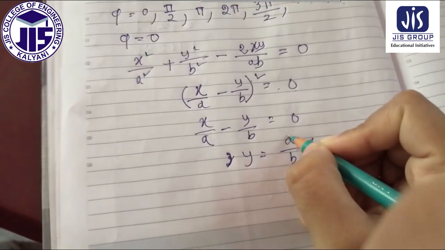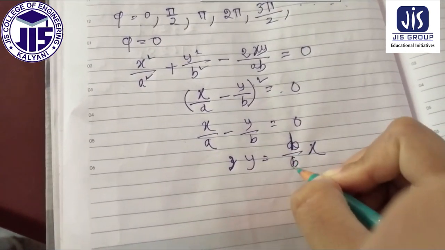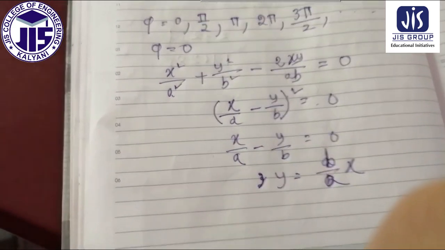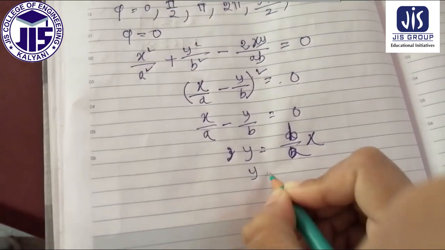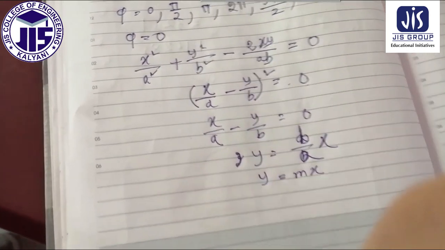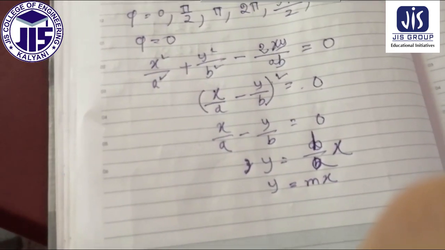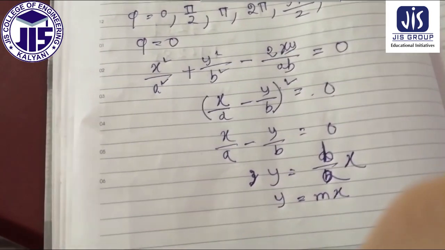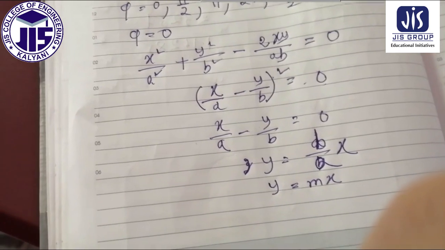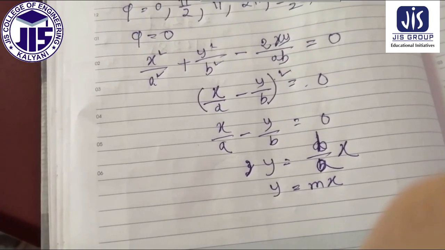That will be b by a, I think. b by a into x. So this is the final equation. Now we can write here y equal to mx. Y equal to mx means this is nothing but the equation of a straight line.